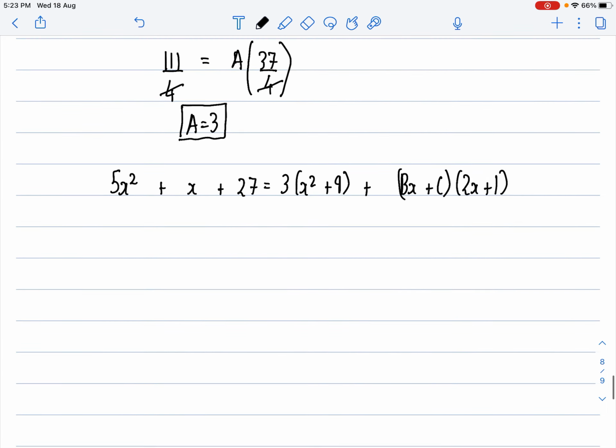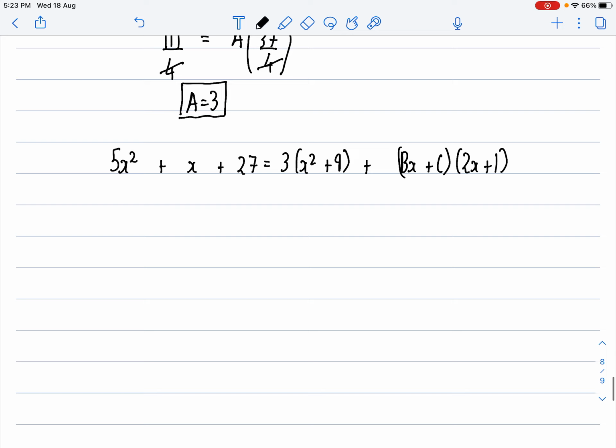Now what I need to do is solve. So 5x square plus x plus 27 is equal to 3x square plus 27 plus bx into 2x plus 1 plus c into 2x plus 1.